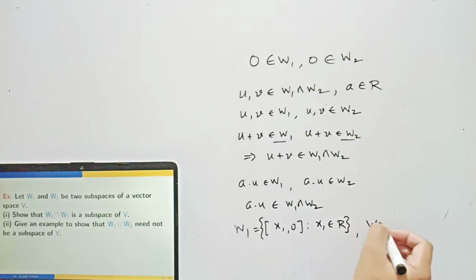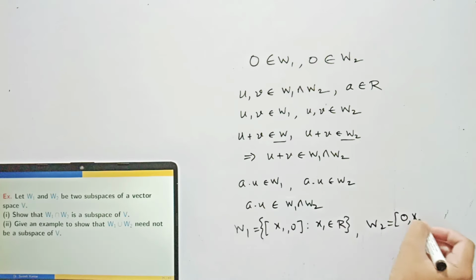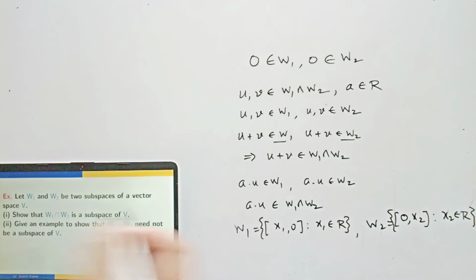You already know it. Likewise, W2 with (0, x2) type members where x2 belongs to R is also a subspace of R2. But their union is not a subspace.